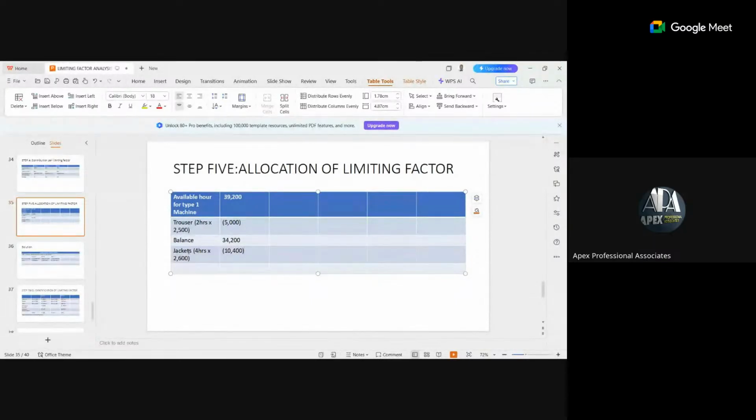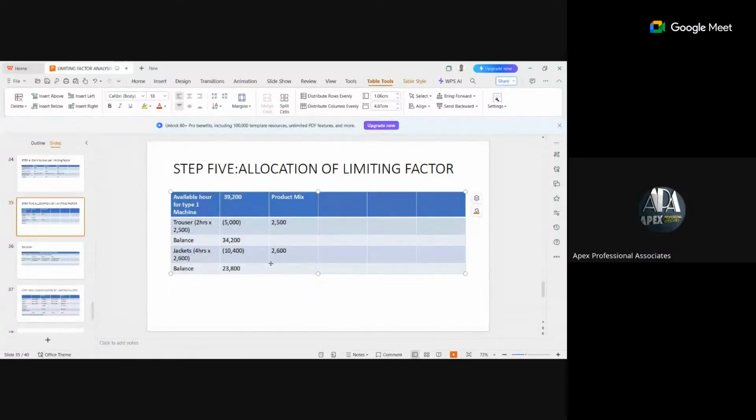So the difference will be 23,800. The product mix, I said in the last class, is everything you can produce in relation to that product. So the balance will be 23,800.